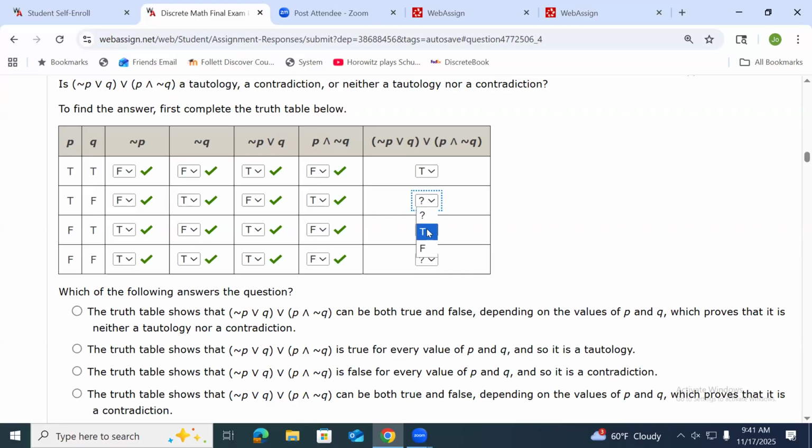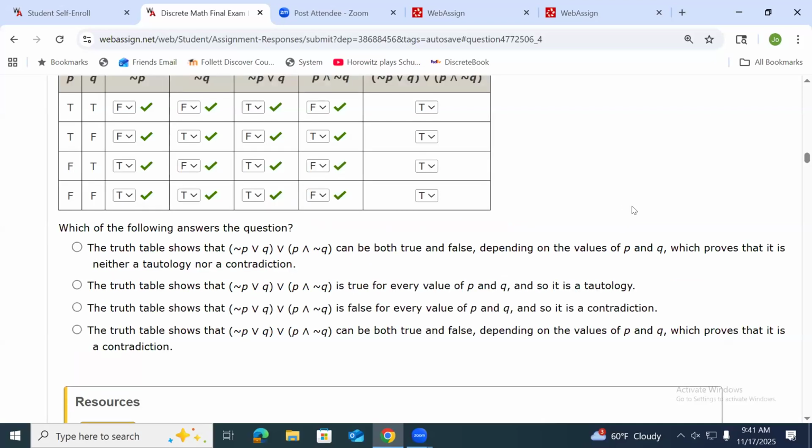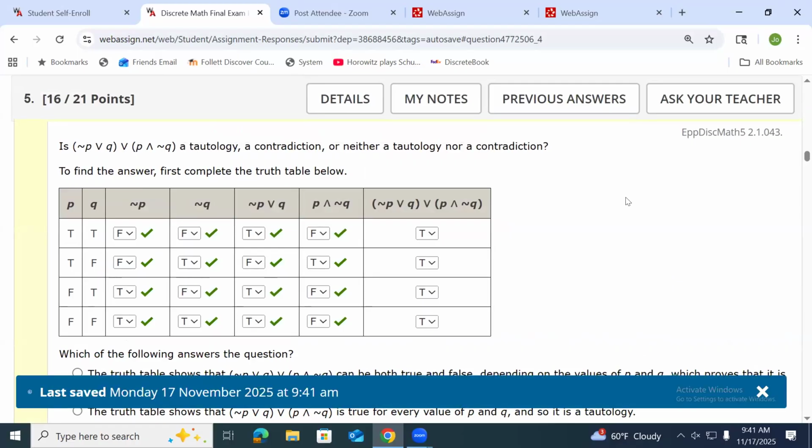True, true, and then what next? True and true, because it's never false because there's never a time when both input values are both false. And an or can only be false when both input values are false. So that's perfect. So is it a tautology? A statement is a tautology if the full statement comes out to always be true.